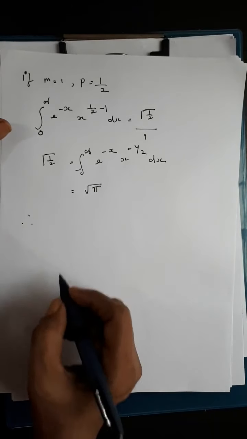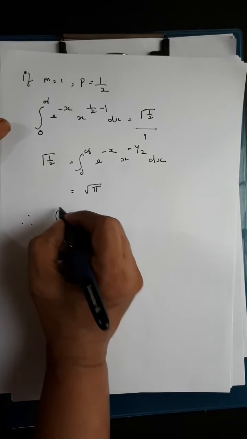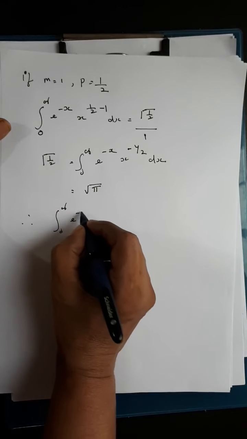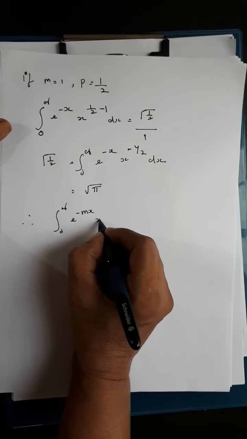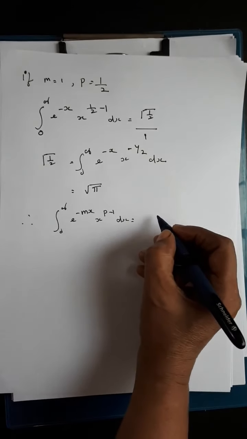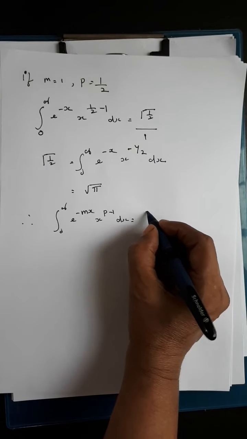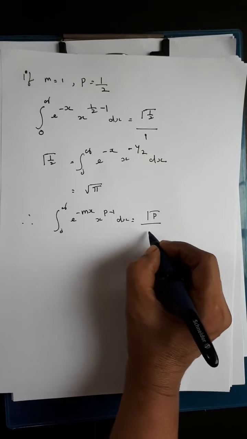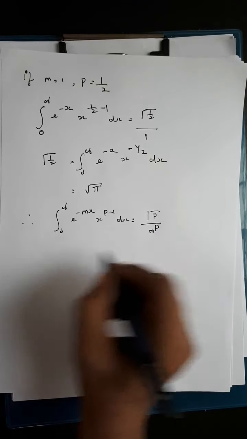Therefore, some important results. Integral 0 to infinity e raised to minus mx x raised to p minus 1 dx is equal to gamma p divided by m raised to p.